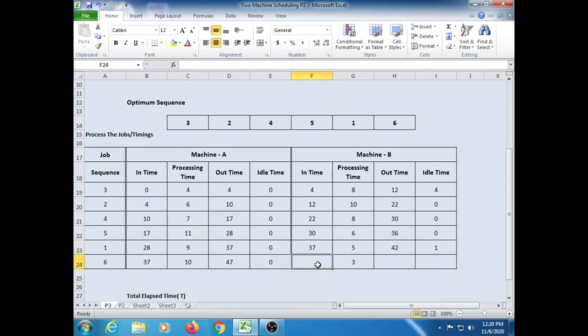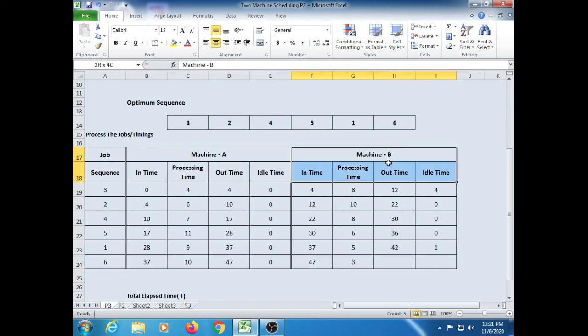And next, what about the in time for this job on machine B? Here we have 47 and 42. Which one is max? 47, so we have to take 47. Why do we take 47?